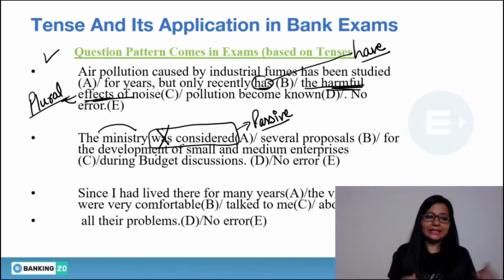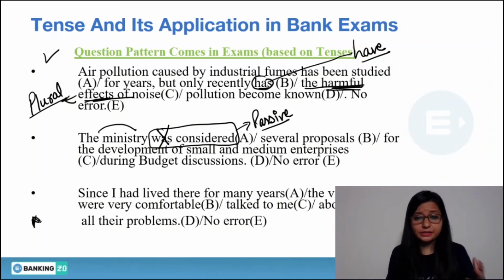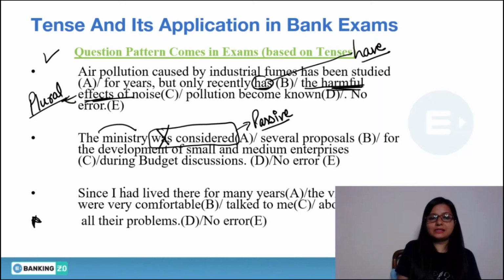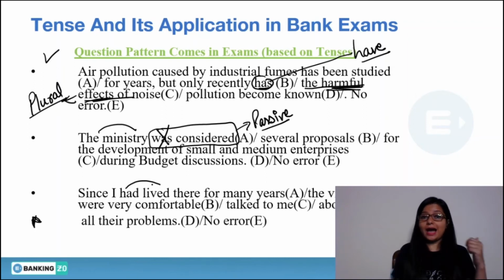Okay, then: since I had lived there for many years, the villagers were very comfortable to talk to me about all their problems. As you can see, here I had lived there for many years is showing you an action of the past, an activity performed by me.